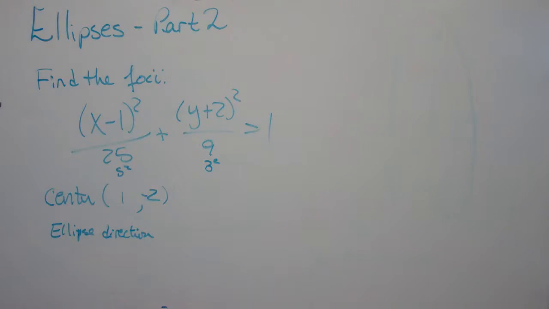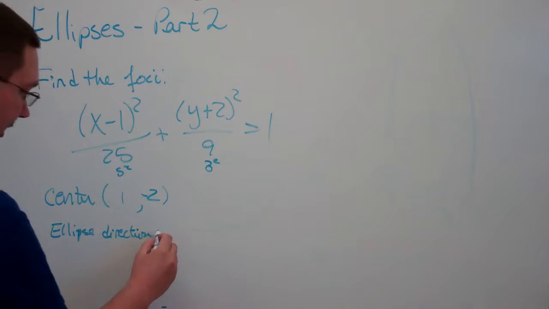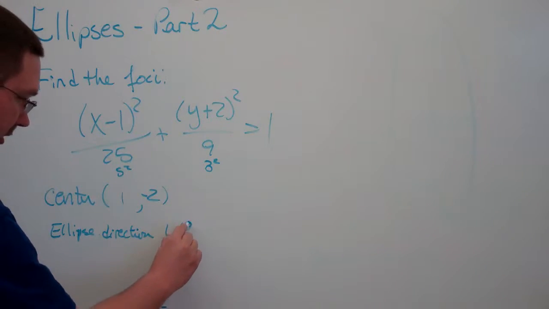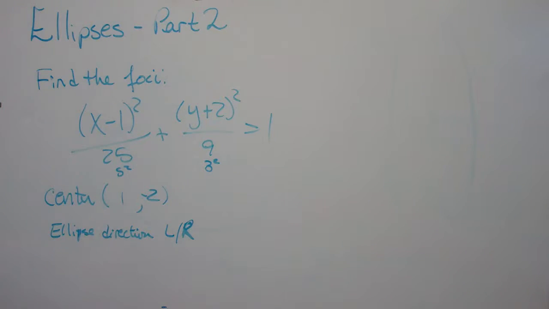Since x is larger, your a value is physically larger, that means that our ellipse goes left-right. It's longer this way than it is tall.